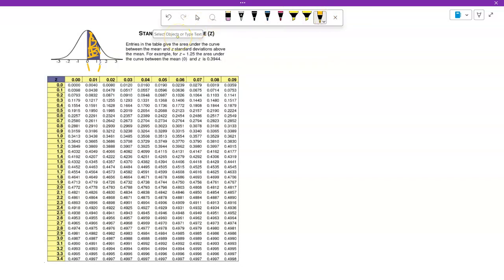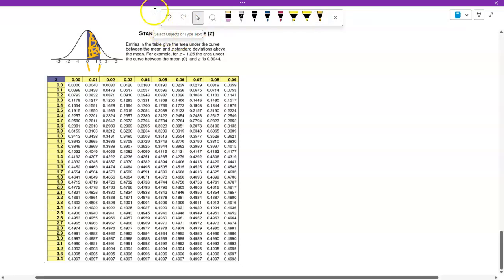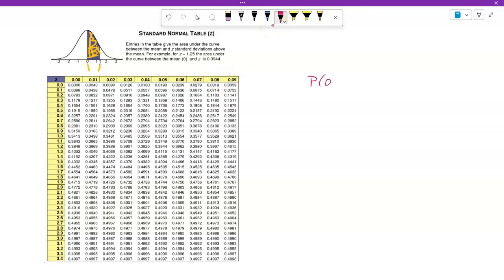On this particular table, what you'll notice is we have the first two digits, like 1 point, the units and the tenths, in this column, and then along the top is the hundredths place. For the probability 0 less than z less than or equal to 2.5, we'll put a 0 in there for the table. We'll go here and find 2.5, and then 0 up here.